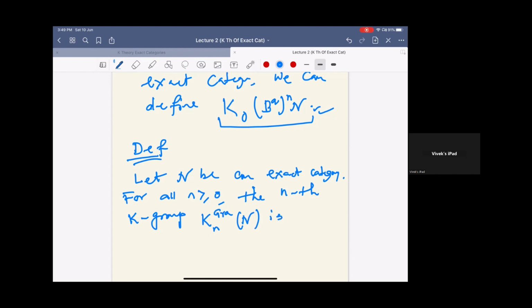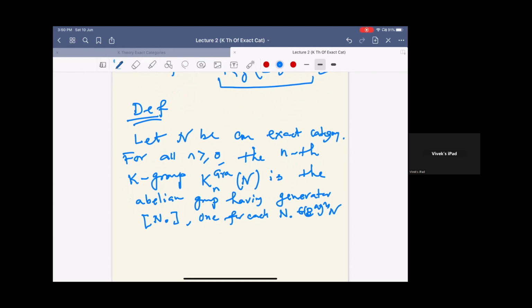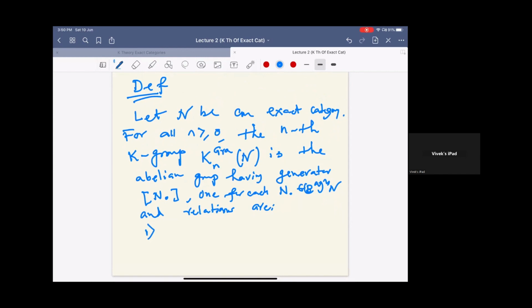N is the abelian group having one generator for each object belonging to BQN, and relations are, for every exact sequence.